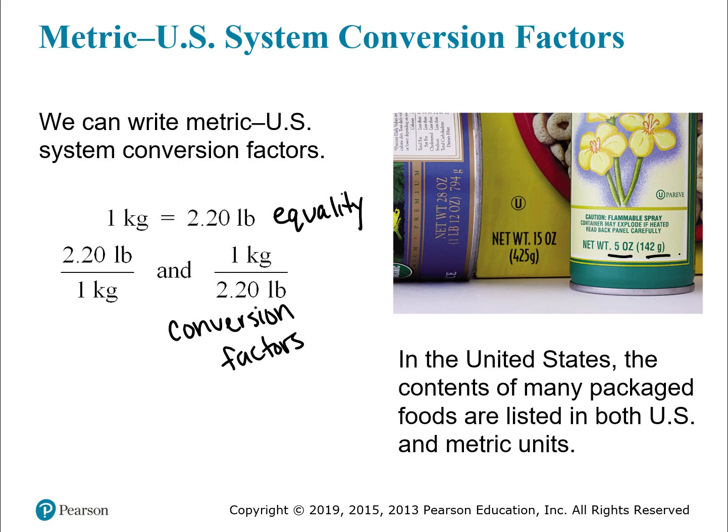So you can use one of these conversion factors to go between the two. In this case, you would have a measured number, and we do care about sig figs there.